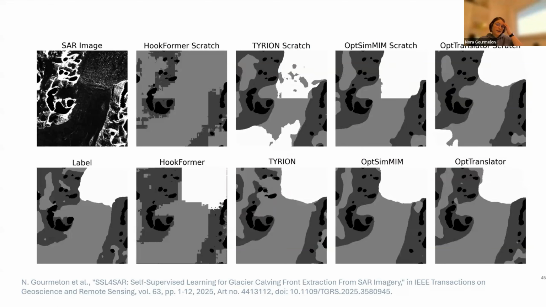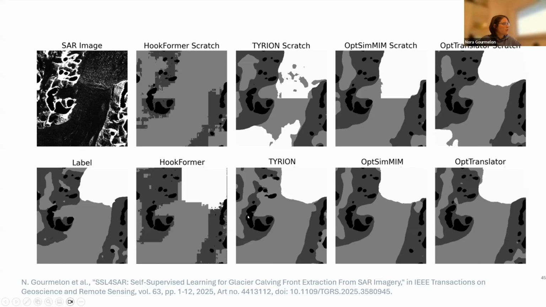And here are a lot of visual results. So let's go through them one by one. We have our SAR input image and we have our label. And here we have the result of the best performing model from the comparison study, the HookFormer, which you can still see. It has quite some ragged edges.